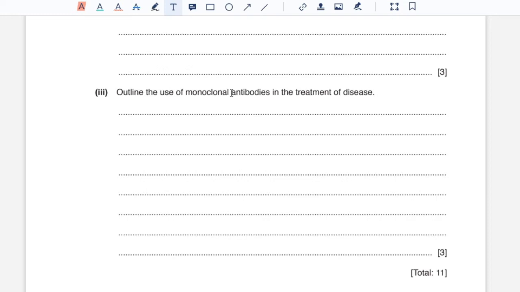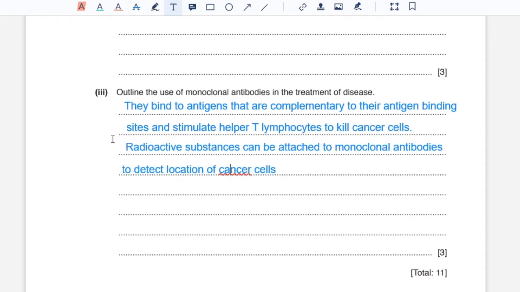And so they are specific in that form. Radioactive substances can also be attached to monoclonal antibodies so that they can be used to detect the location of a particular cancer cell, for example. And then after binding with the particular antigens, antibodies do their job and stimulate killer T cells to kill the cancer cells.